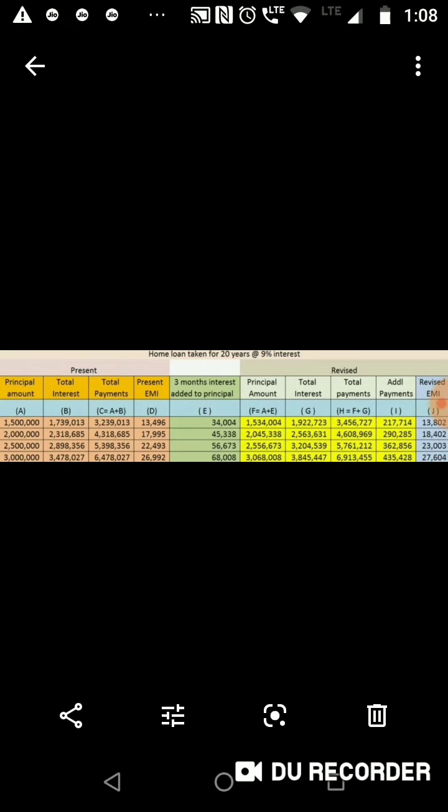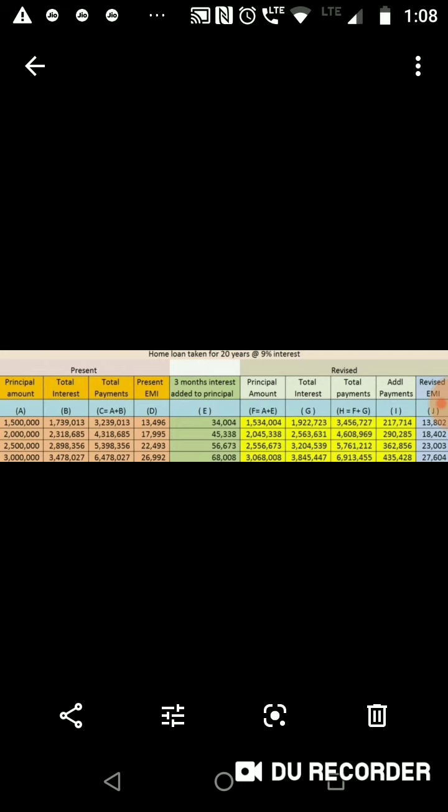So based on my experience or my knowledge, I can say that if you have the amount, better to pay the home loan, and based on your financial condition, if you are not able to pay the loan, then you can utilize this moratorium benefit. That is based on my knowledge.